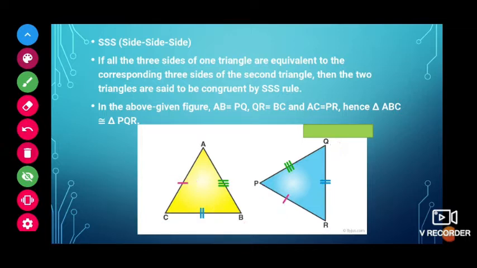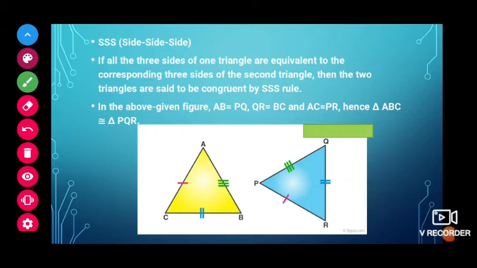The meaning of these marks, children, is that if this has one line and this also has one line, then this side is equal to this side. This has two lines and this has two lines, so this side is equal to this side. This has three lines and this has three lines, then this side is equal to this side. So if we observe that the three sides of the two triangles are equal, then we can say both triangles are congruent.